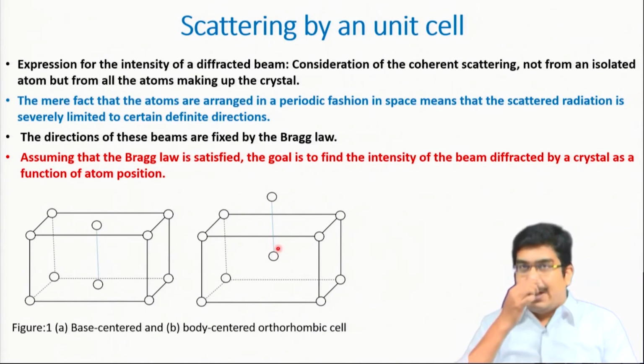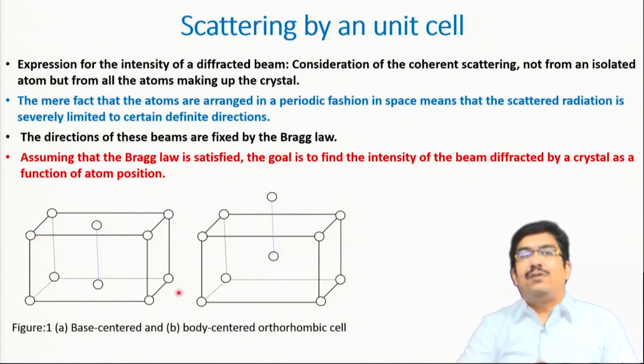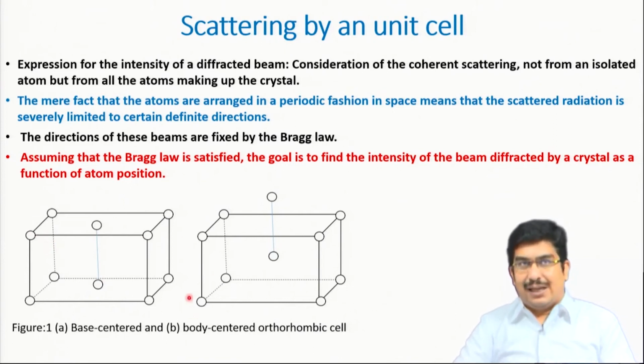So when we consider the atomic arrangement, we have to consider where exactly these atoms are located. That is important when we try to calculate the intensity of the X-ray diffracted beam coming out of the entire unit cell.